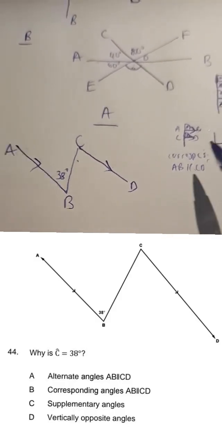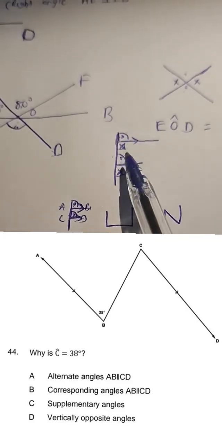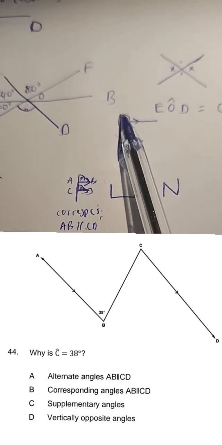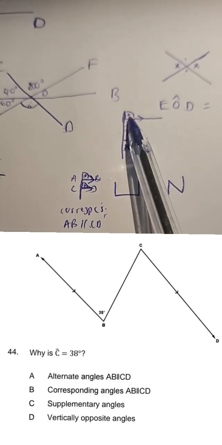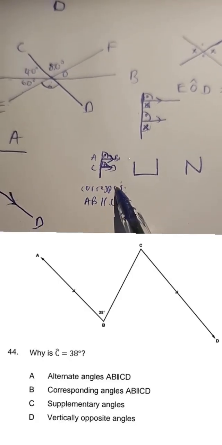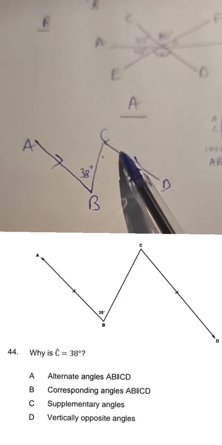Okay. So, like I was saying, guys, bottom corresponding, top corresponding, as long as we are on the same side of this line. Top equal, bottom equal. These are corresponding angles. In this situation, this angle and that angle are not corresponding.